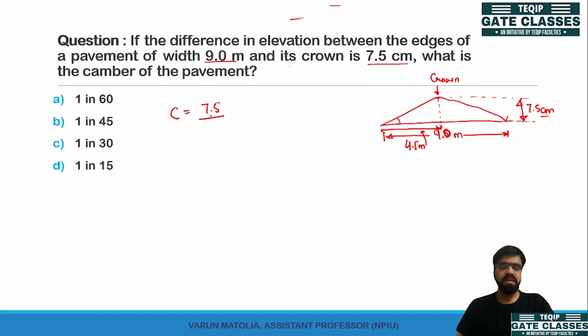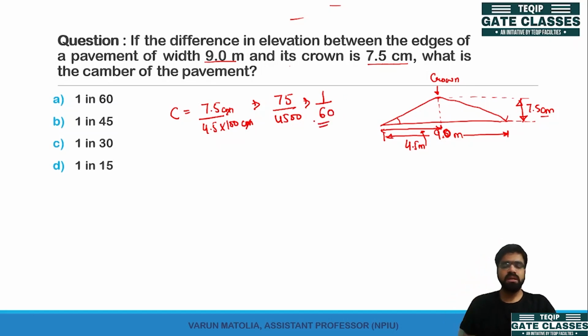So we can write tan theta as 7.5 by 4.5. Let us convert 4.5 meter into centimeter by multiplying by 100, that is 450 centimeter. The ratio is 7.5 divided by 450. Let us calculate. It comes out to be 1 by 60. So it is a very simple question.